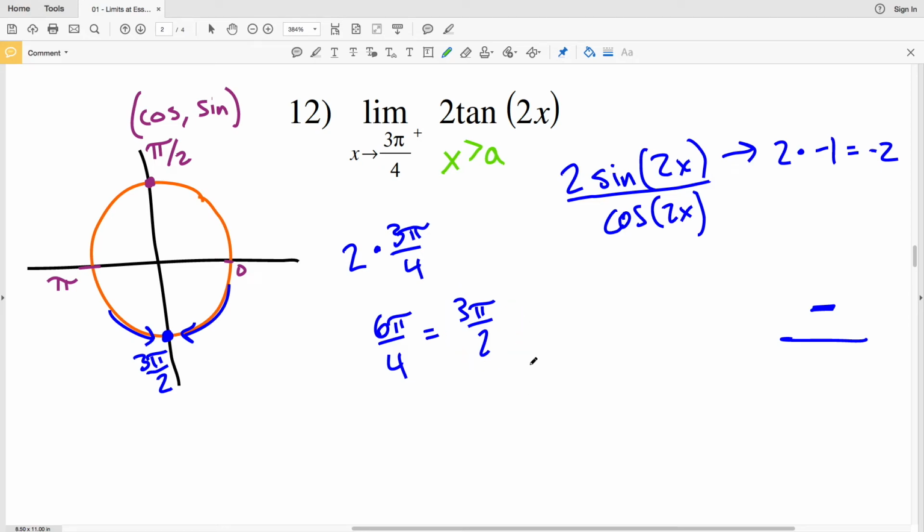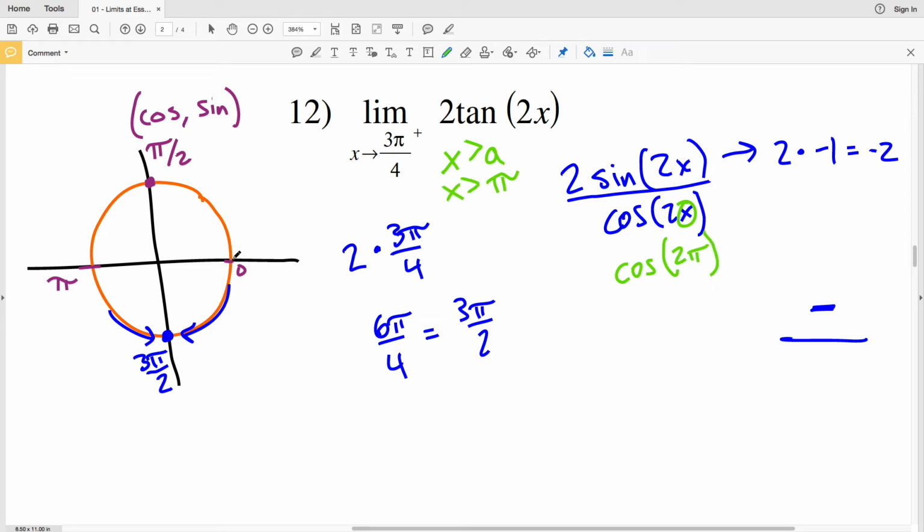And again, this is in the relative vicinity. So I don't want to enter in a super large number to where we go around and around and around the unit circle again. I would just enter in a number that's slightly larger. So something that's slightly larger than 3 pi over 4 would be pi. So if we entered in pi for x, we would have the cosine of 2 pi.